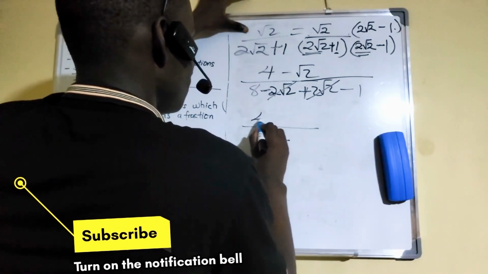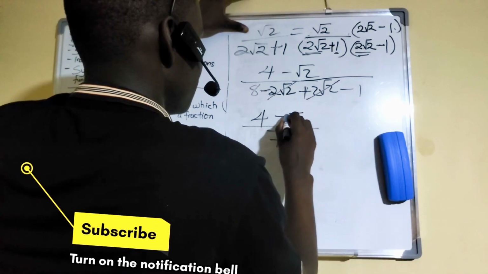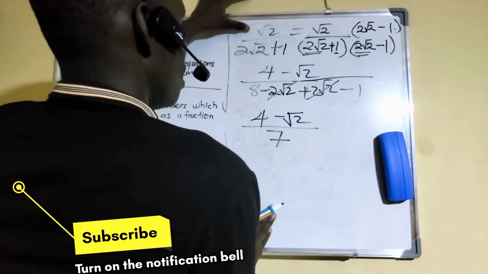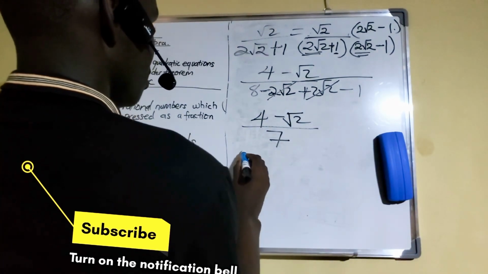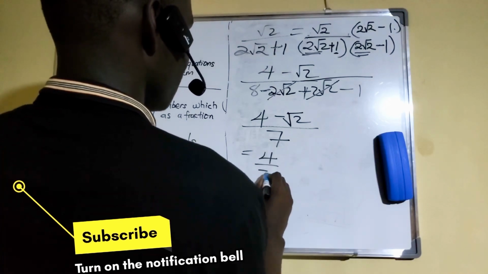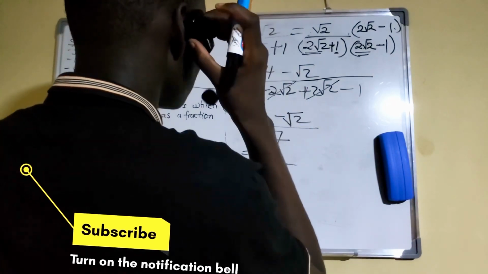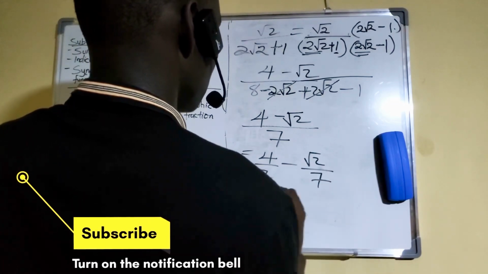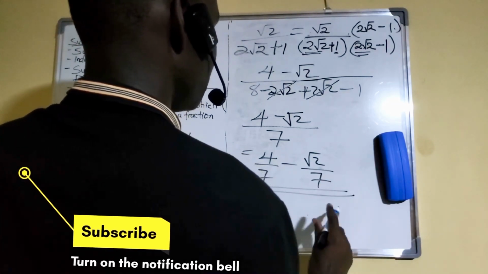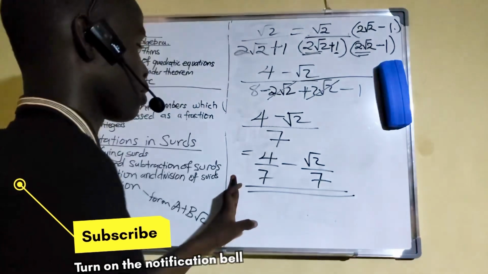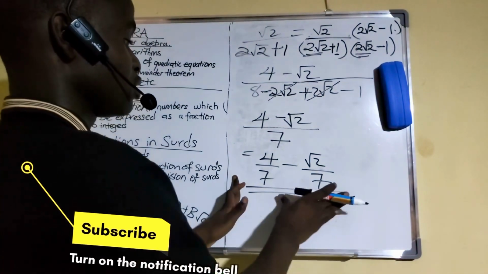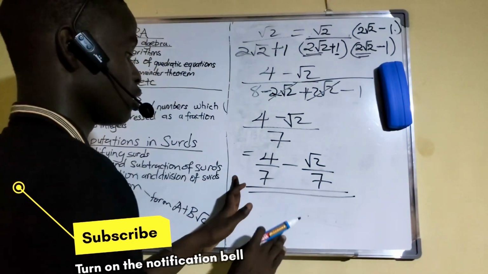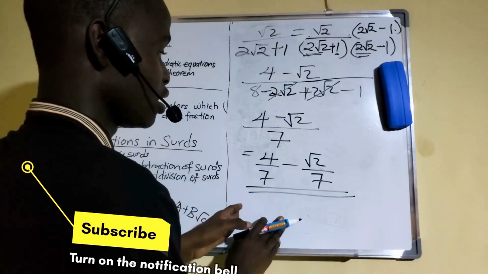Now we have a 4 minus root 2 over 7. This we can continue by saying 4 over 7 minus root 2 over 7. That is our final answer. So this is finally our solution for the question we had.